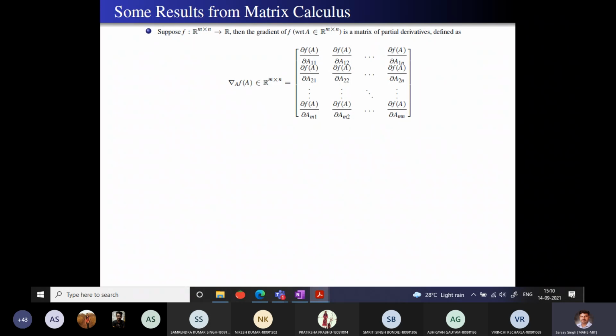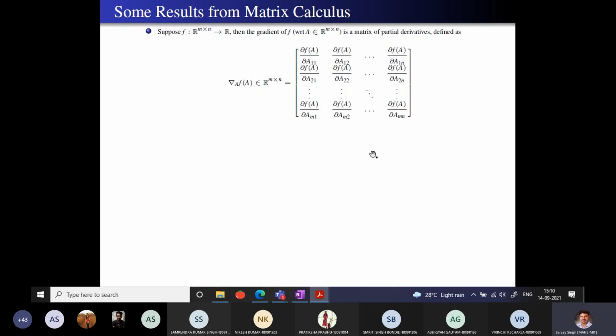First of all, let me say this f function, from m cross n, is some sort of function which maps a matrix into a scalar value, right? And then we want to find the gradient of f with respect to A, where A is a matrix itself. The resulting thing is also a matrix of partial derivatives, which we define as dou f by dou a11, dou f by dou a12, like this.